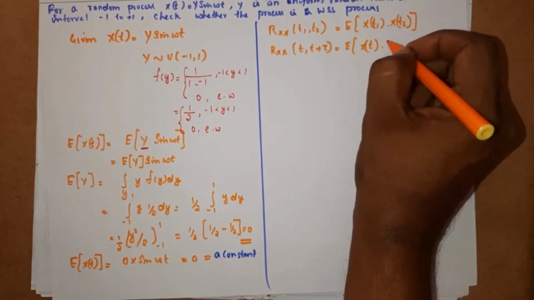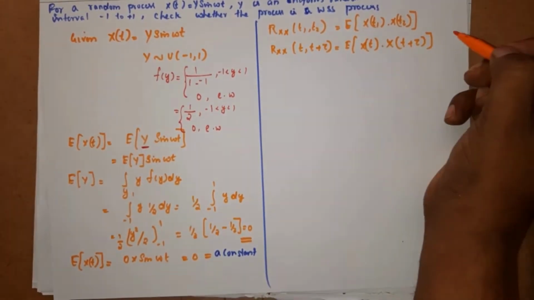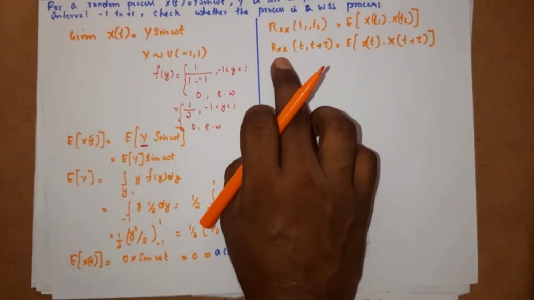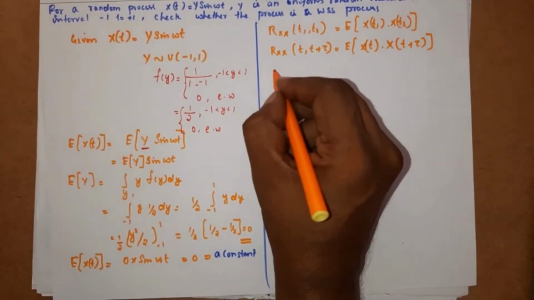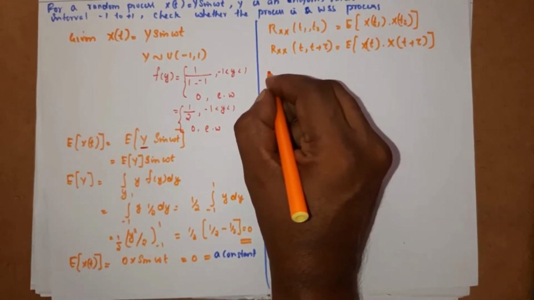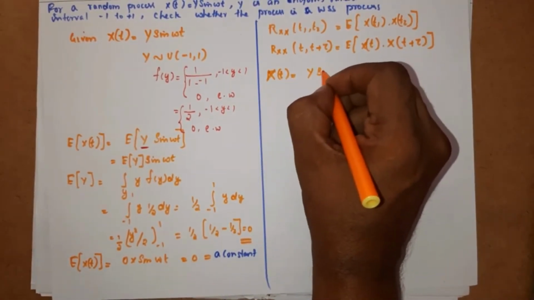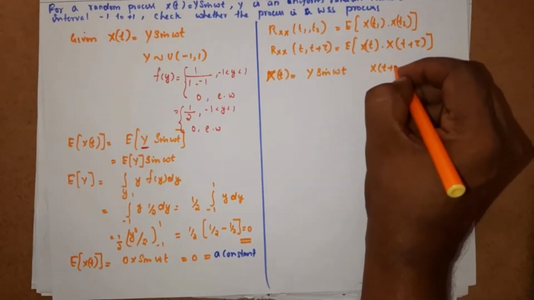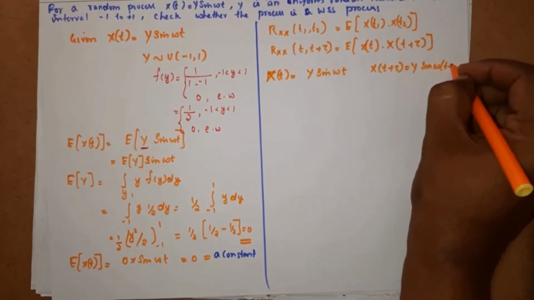X of t into x of t plus 2. I am using the second one, Rxx of t, t plus 2. Expectation of x of t is equal to y sin omega t and x of t plus 2 is equal to y sin omega t plus 2.